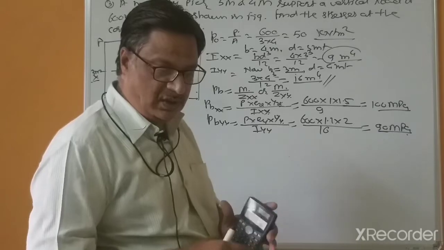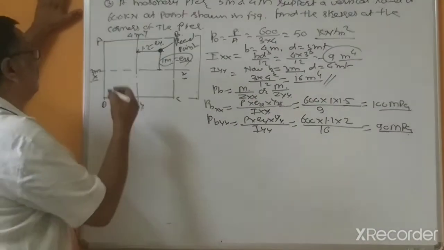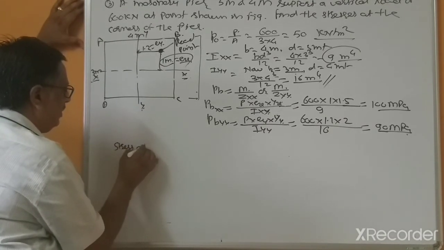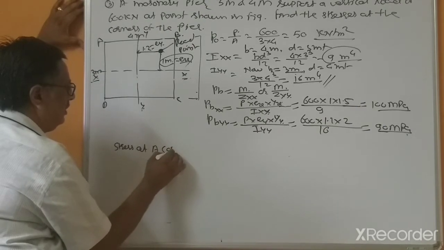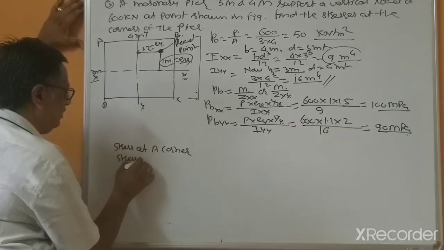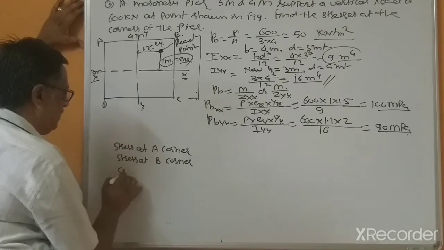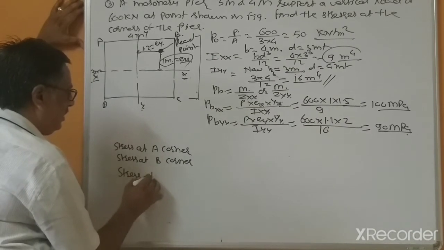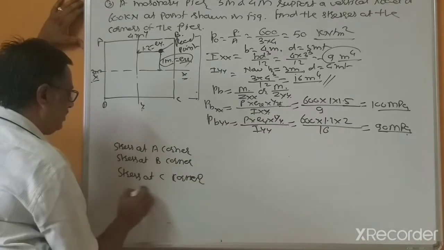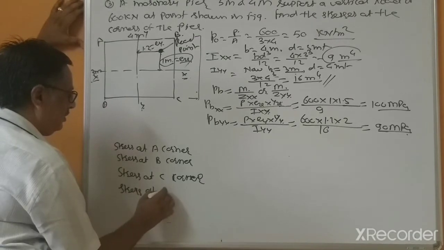Now, what is asked? Resultant stress. So first we will write the stress at A corner, stress at B corner, stress at C corner, stress at D corner.